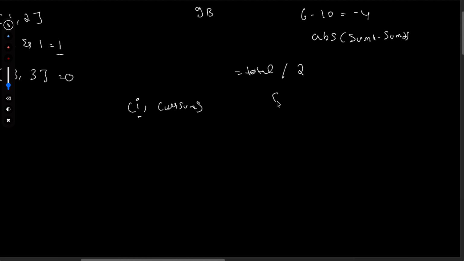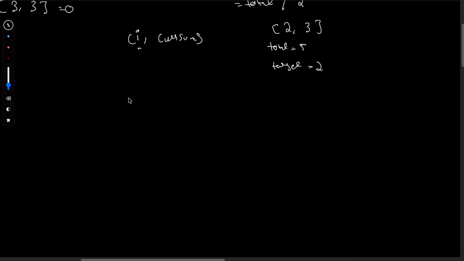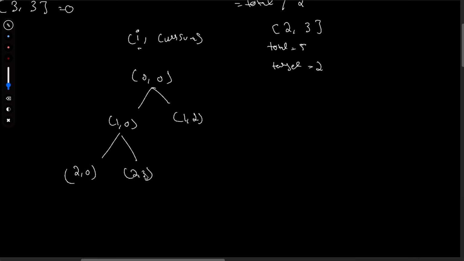If we have a stones array like this, 2 and 3, the total is 5 and the target is 2. See, 0, 0; if we skip, 0; if we take, 2. If we skip, we have two options, 2, 0, and if we take, 2 and 3.